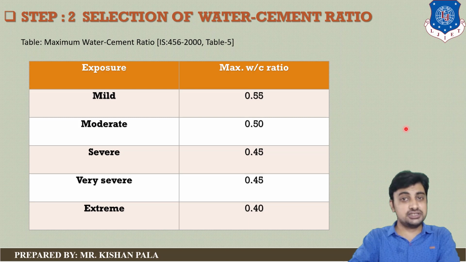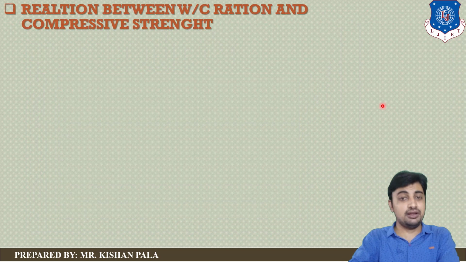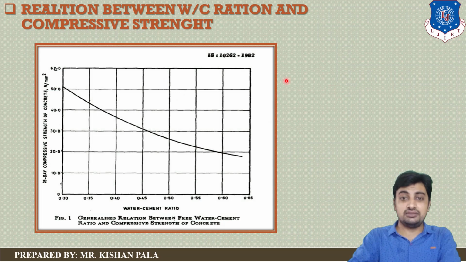So let us discuss the relation between water cement ratio and compressive strength. Water cement ratio directly affects the compressive strength of the concrete mass, durability of the concrete mass, and workability of the concrete mass. You can see this graph which has been given in Indian Standard.